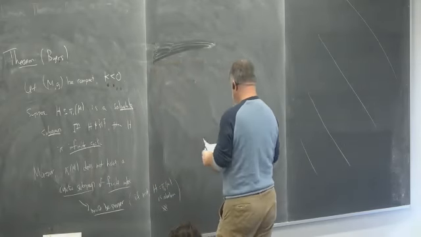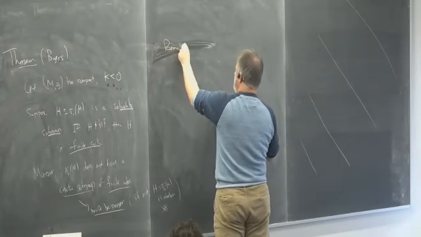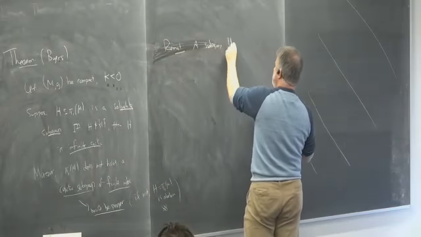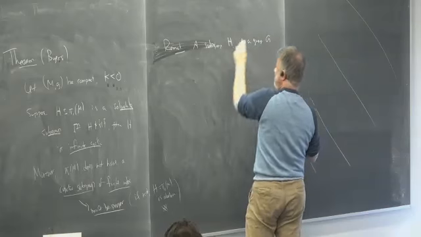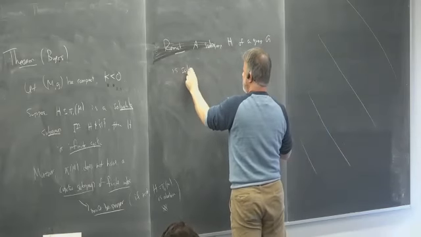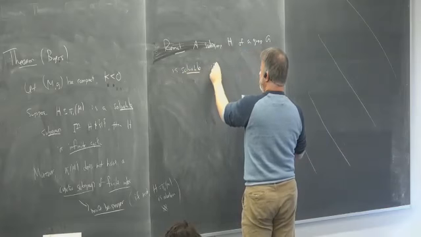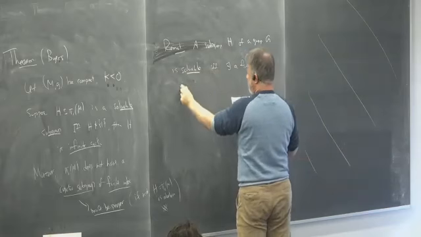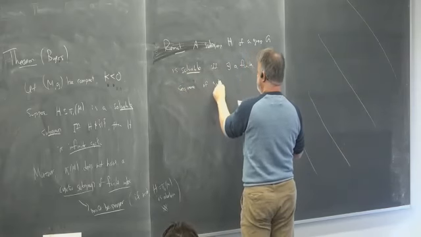So what is a solvable group? So remark, a subgroup H of a group G is solvable if and only if there exists a finite sequence of subgroups.